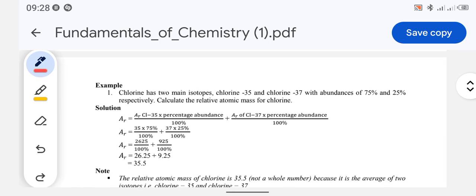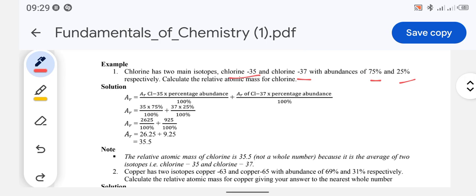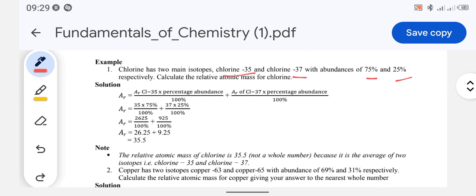So let's look at an example. Here we have chlorine. Chlorine has two main isotopes, chlorine-35 and chlorine-37, with abundances of 75% and 25%. How do you find the relative atomic mass? Simple. We need to multiply this isotope's mass number with this percentage here.